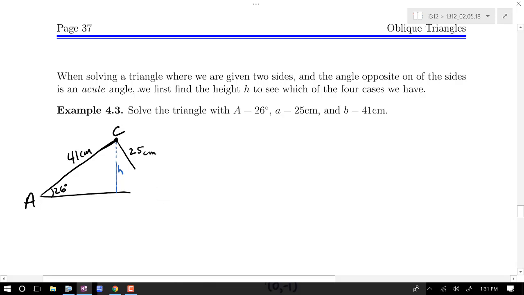So let's find H. Because H is that perpendicular, we find H using SOHCAHTOA. So we know that sine of 26 degrees is H over 41. And that means that H is 41 times sine of 26 degrees.